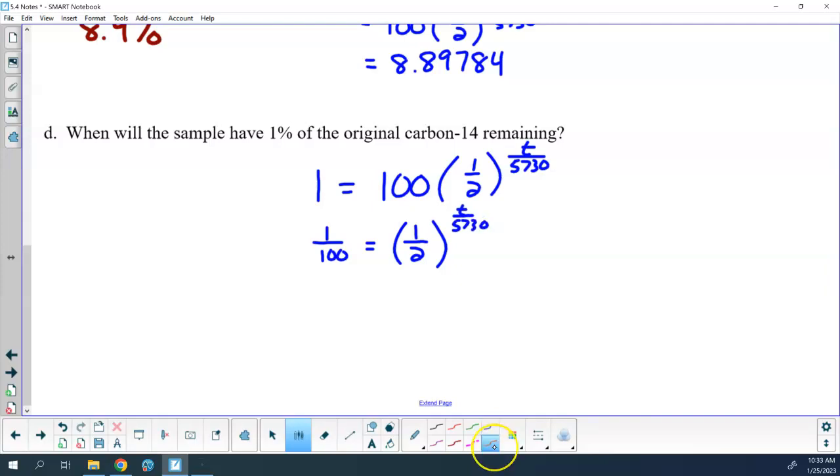Then I'm going to switch forms with it. So we would have log of 1/2, or log base 1/2 of 100 equals t over 5730.